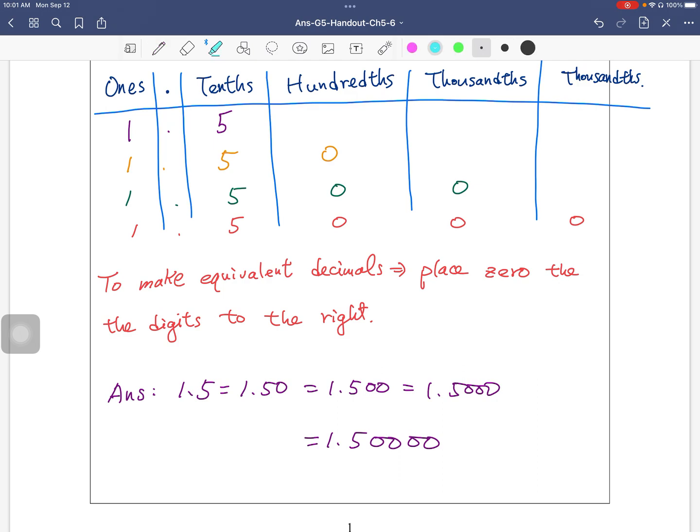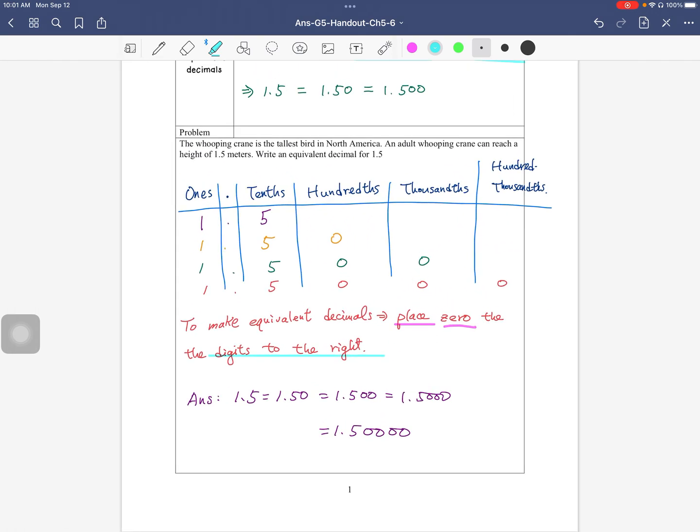So to make equivalent decimals, we place 0s to the digits to the right.